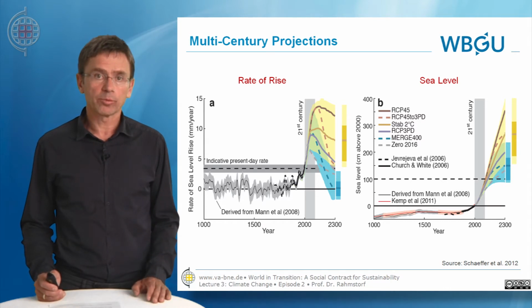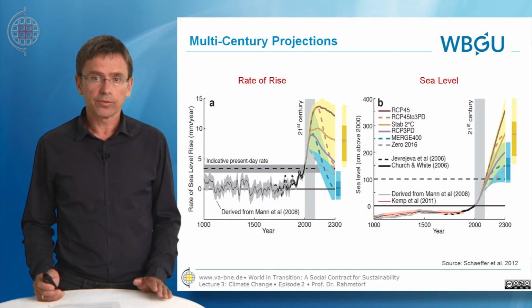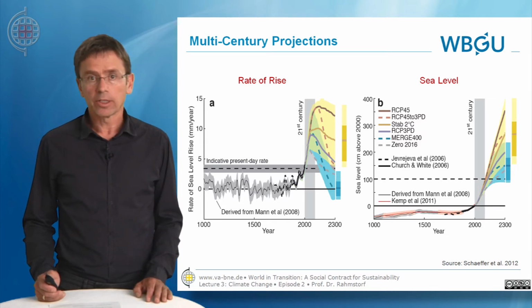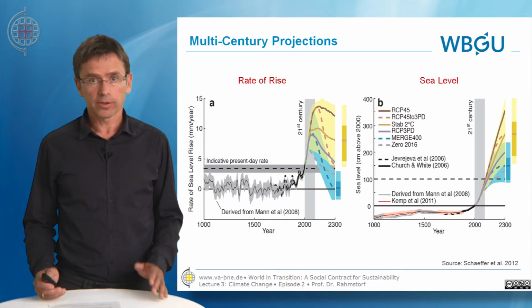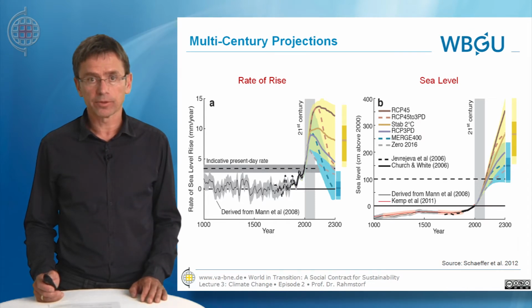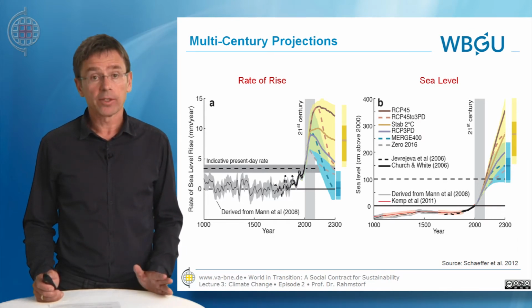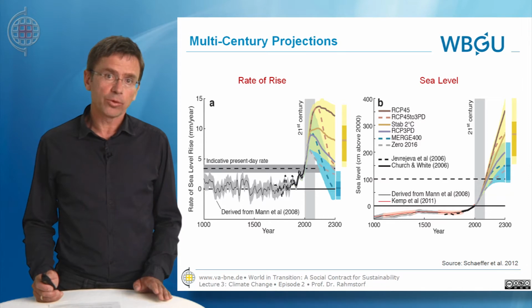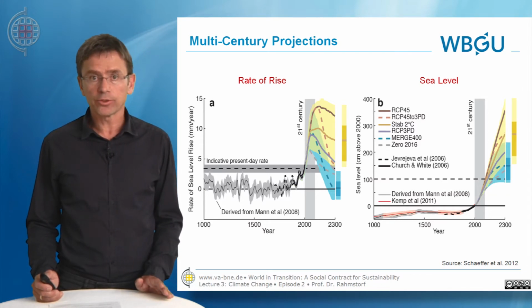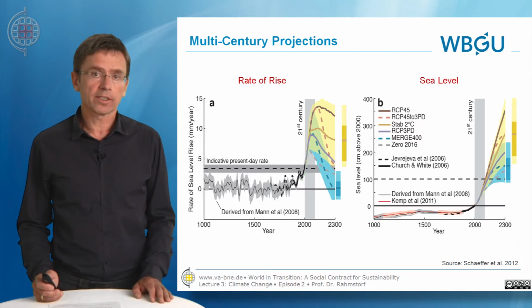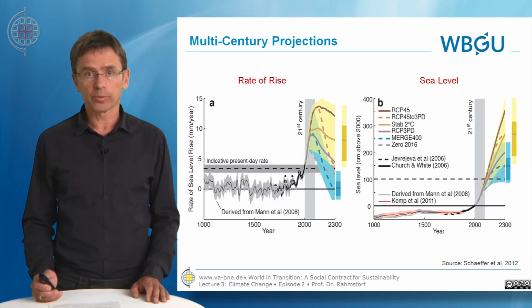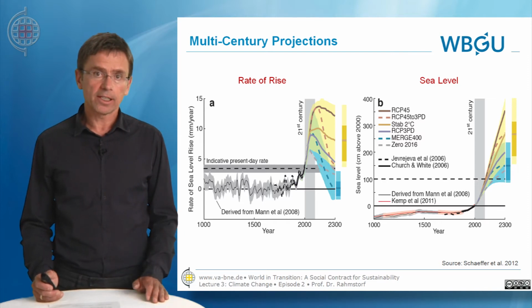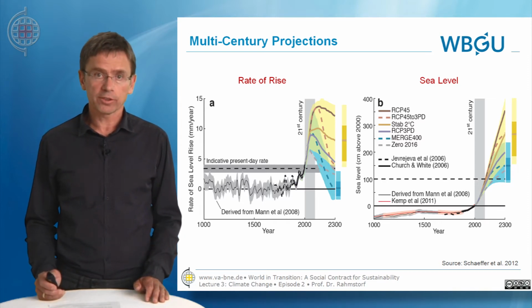And I just want to highlight one point here, namely that if you assume that we manage to limit global warming to 2 degrees at most, so this is this famous policy target of 2 degrees, even then, the good news is that we managed to limit sea level rise below 1 meter by the year 2100. We're pretty certain to end up below this. But by the year 2300, we will get between 2 and 3 meters of sea level rise, even after stabilizing global warming at 2 degrees above the pre-industrial temperatures. And this basically illustrates the very long response time of sea level.